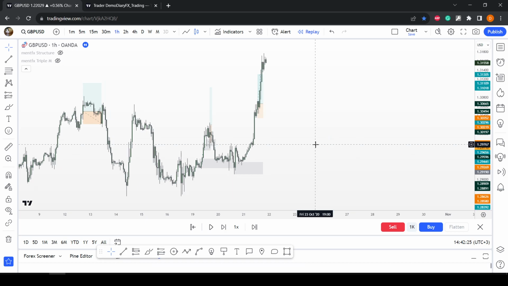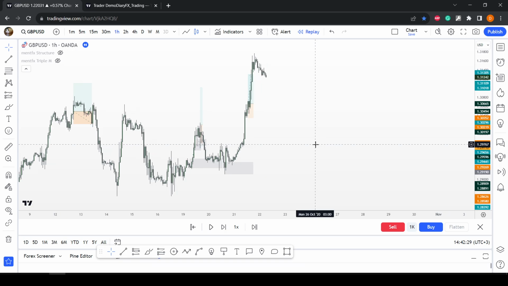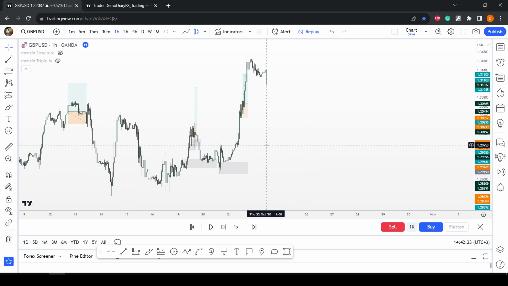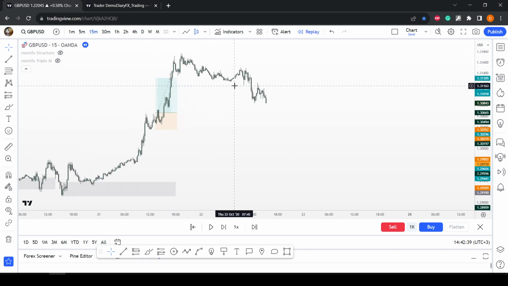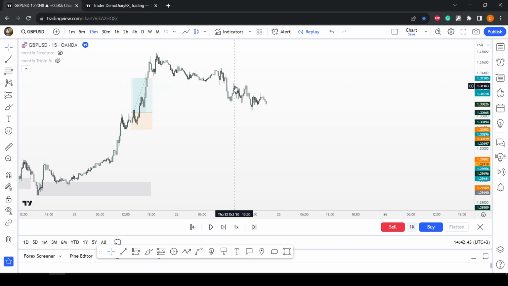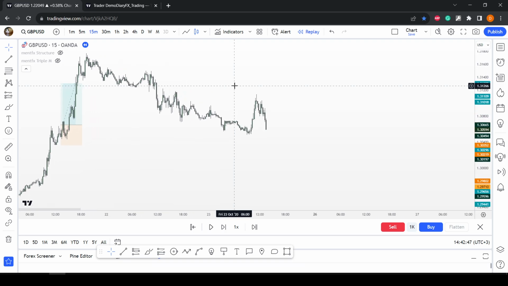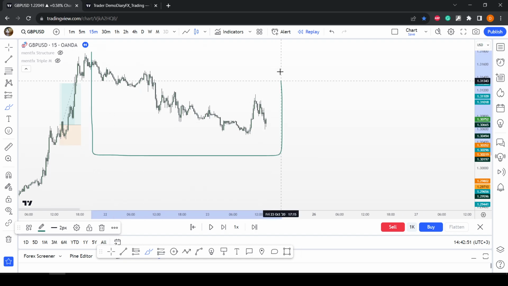Impulse correction on the 1 hour. Bigger correction, great. Even bigger. Even bigger. Okay, it's time to move to 15 minutes. So this is the first shift on 15 minutes.